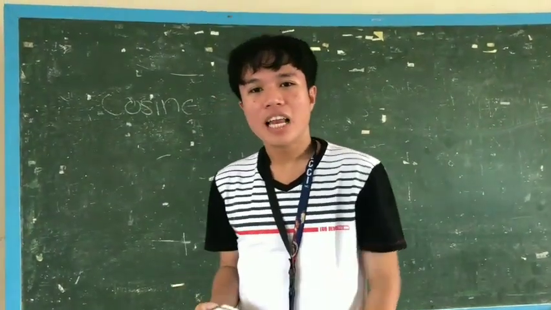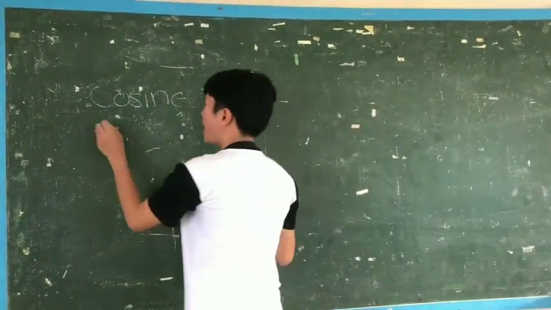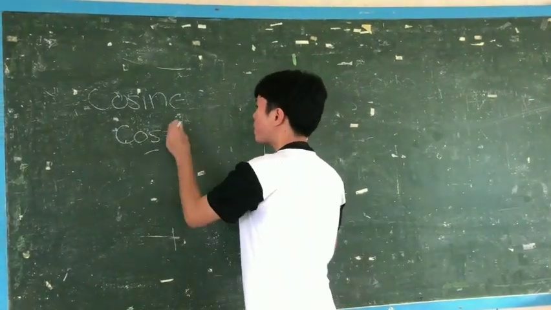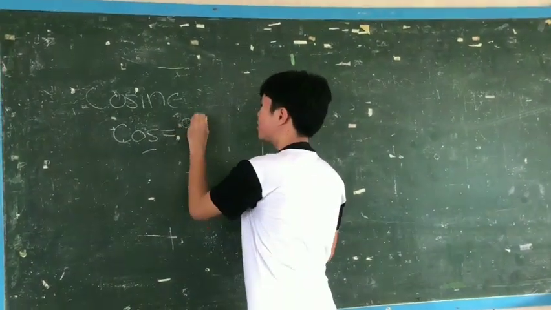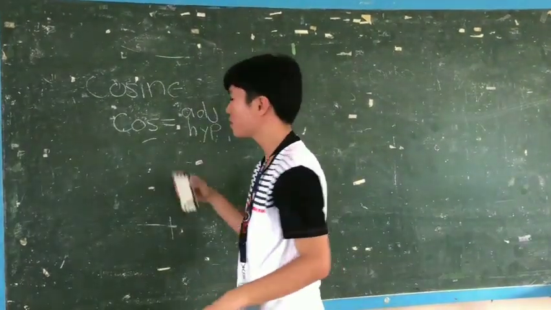Okay, let's go to cosine. So we remember that cosine is adjacent over hypotenuse, right?